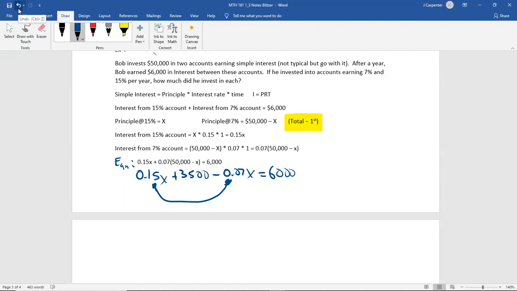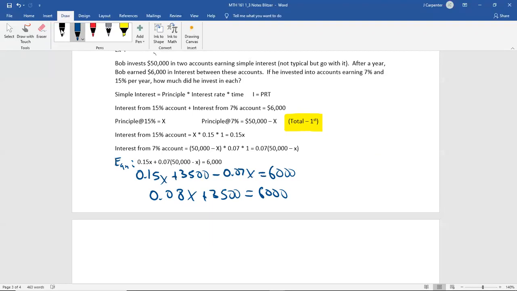You're going to have to line up the decimals vertically if you're going to do your math like that. That gives us the 0.08. So that's 0.08x plus 3,500 is equal to 6 grand.